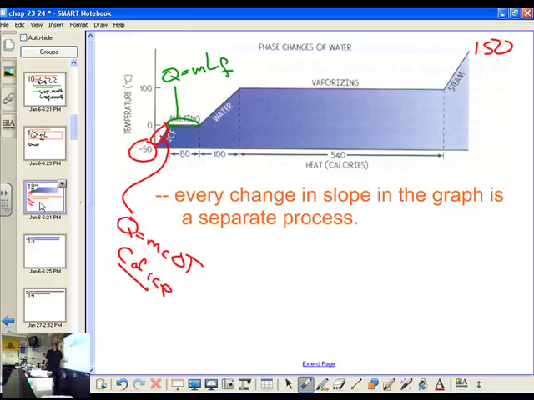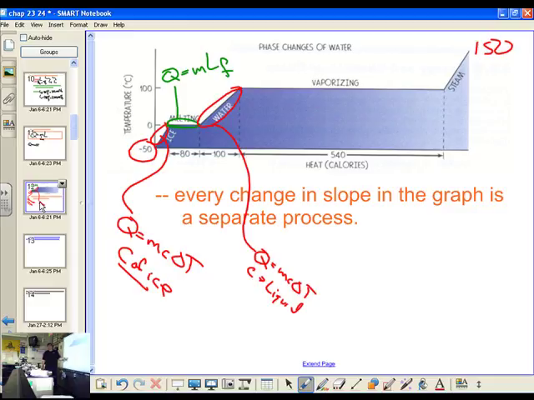Now, is the mass the same? If I was doing this problem, would the masses be the same? Yeah, it doesn't change the mass, it just changes phase. So I phase change it, that would be that right there. Then onto this part again, we're back to MC delta T, C for liquid water.